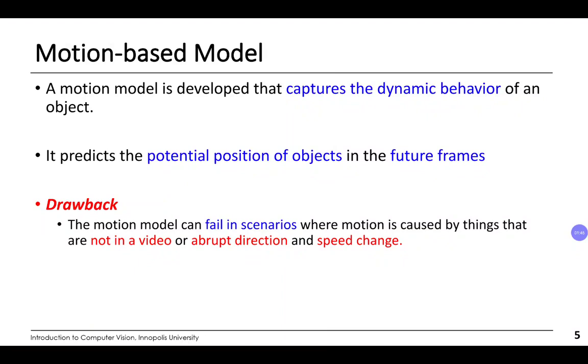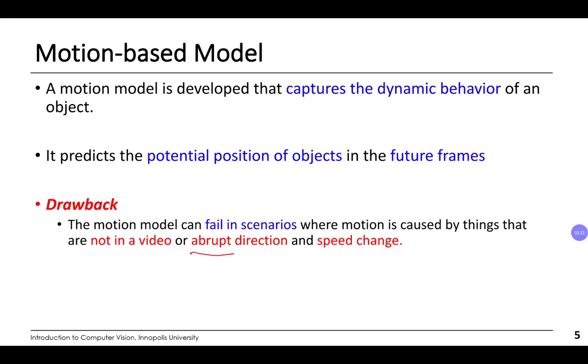When we are talking about the motion based model, the name specifies that these models are based on motion. It can capture the dynamic behavior of the object. It can predict the potential position of the object in the future frames. But the drawback of motion-based models is that they can fail in certain scenarios. For example, the object is not present in the video, or there are abrupt direction changes or speed changes.